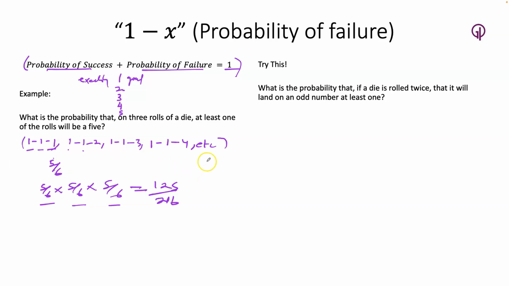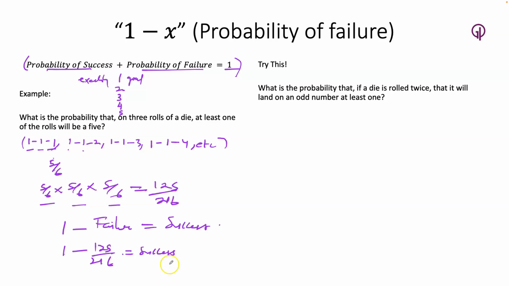Now referring to our formula, which is this one, we can say that 1 minus failure, or 1 minus the probability of failure, is equal to success. And so here we can say that 1 minus 125 all over 216 is equal to success.